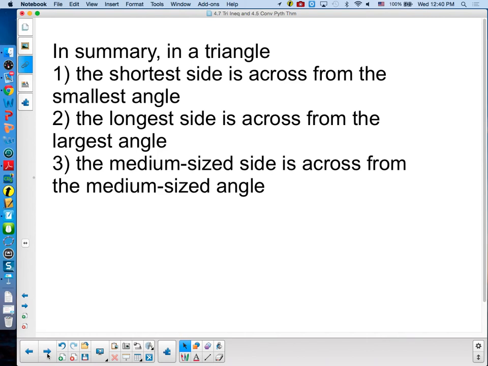Let's have you compare YZ and YX. So you really wouldn't have that symbol on top. Okay, less than or greater than? So what angle is it across from to help you?